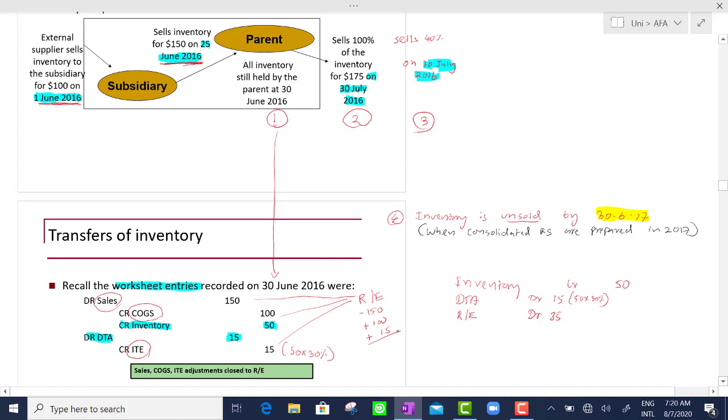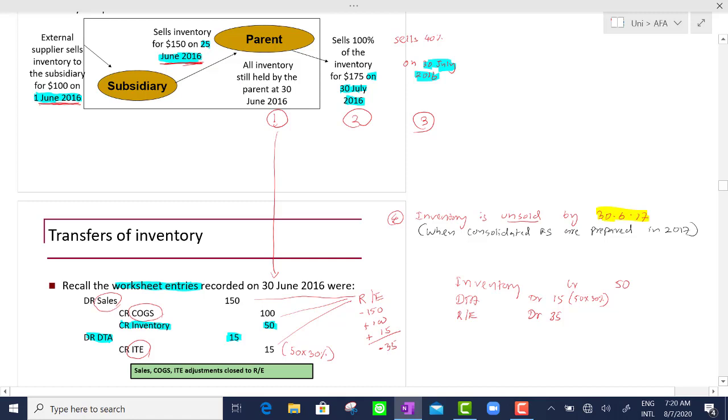If you take the net impact on retained earnings, it is minus 35. Retained earnings minus 35 means retained earnings debited by 35.